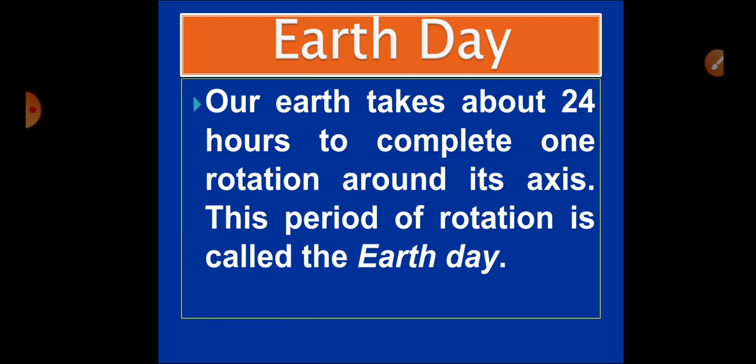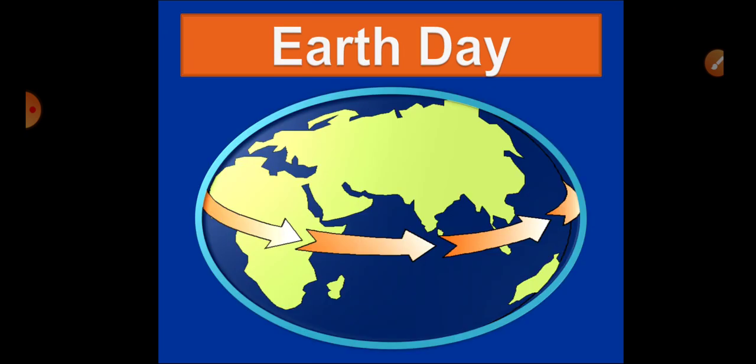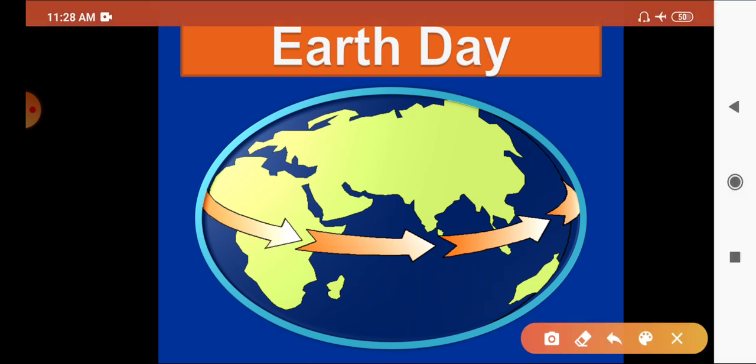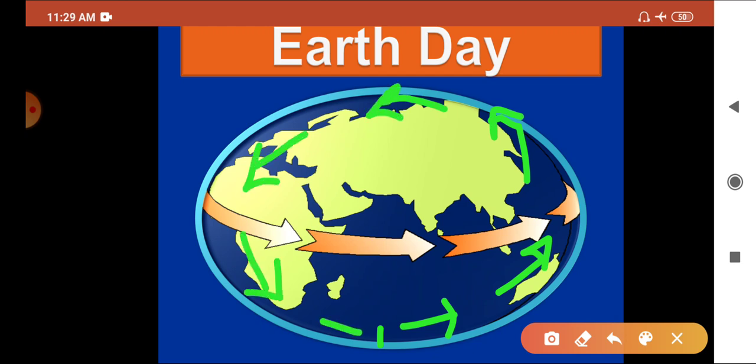Coming to the next slide, Earth Day. Our Earth takes about 24 hours to complete one rotation around its axis. In the previous slide you can see that Earth Day refers to the completion of one round of the earth, meaning if it starts from here, it will complete one round in 24 hours, because the earth is rotating on its axis.